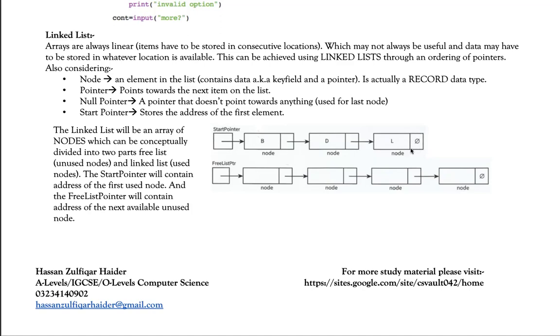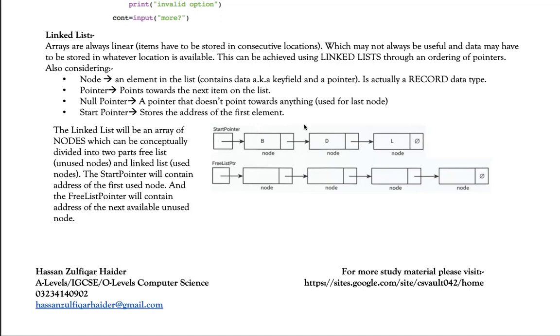This symbol represents null. Null means nothing. If you have a null pointer, it means that this node is pointing towards nothing, in which case there is no node after this one. So if you ever encounter a null pointer, that means you have reached the end of the list.